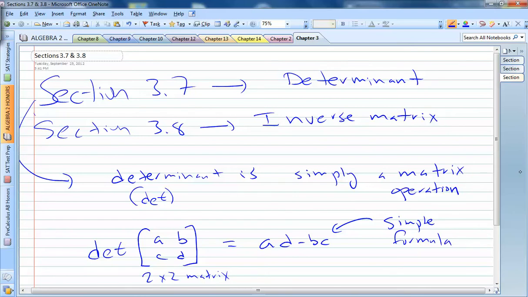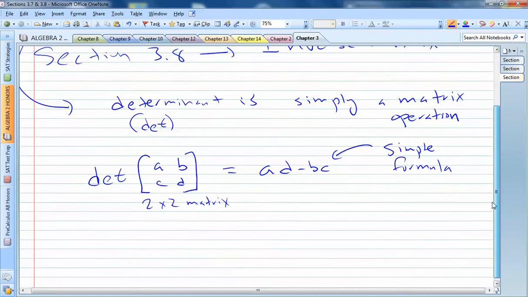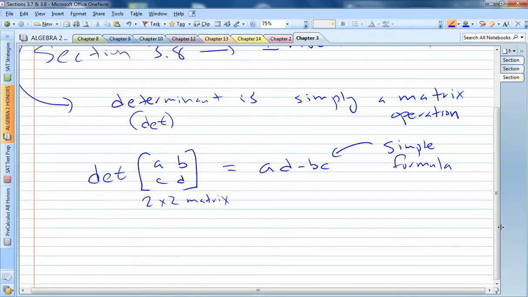So a determinant is just going to be the product of two of the numbers in your matrix subtracted by the product of another two numbers in your matrix. So for example, let's say you're asked to find the determinant of 4, 0, 8, and 10.